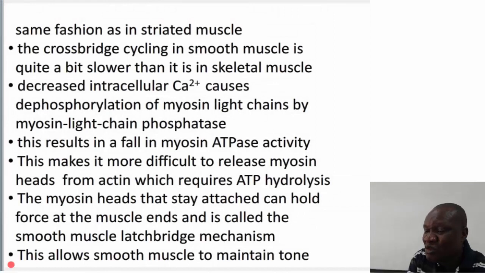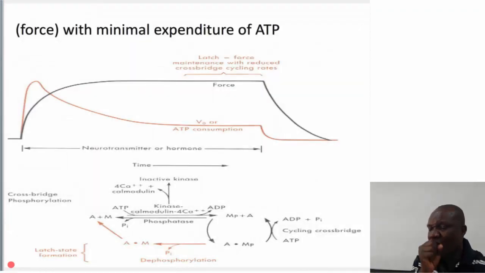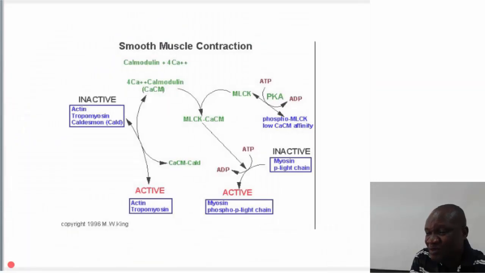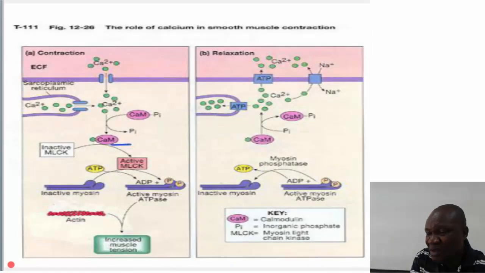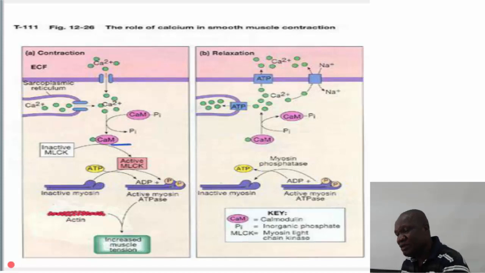Now in the smooth muscle, there is no troponin. There is tropomyosin and actin. There is no troponin, so take note of that.